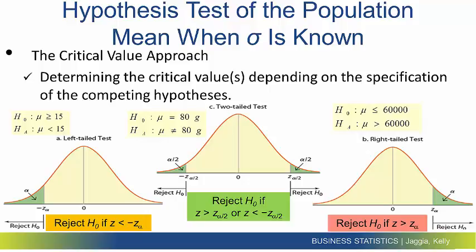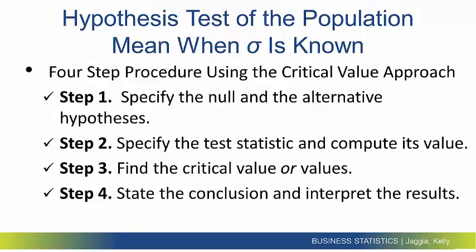Now please note we find a Z critical value from the Z tables, and if this Z statistic falls into the rejection region, as shown on the slides as the shaded green area or areas for the two-tail test, the null hypothesis is rejected. If the Z statistic falls in the non-rejection region, which is the pinky area on the distributions, the null hypothesis is not rejected. Here we have 4 steps.